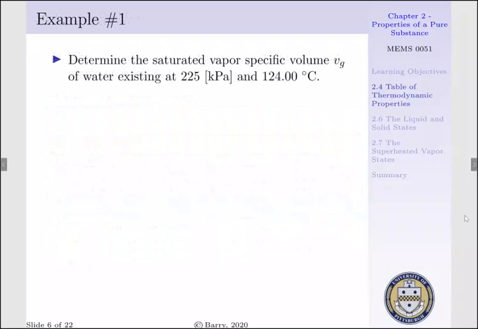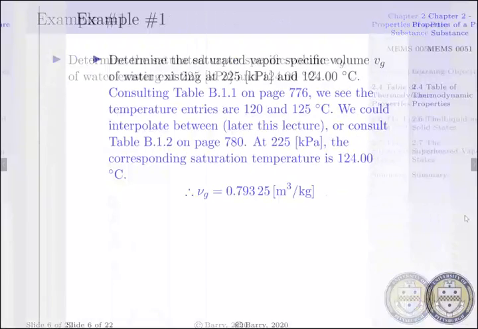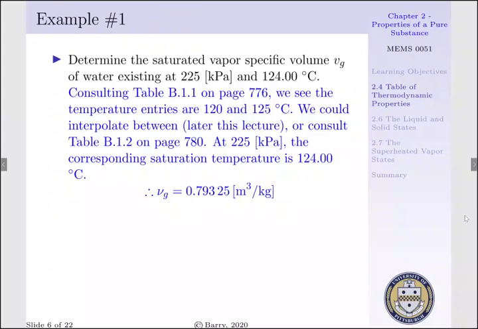Say we want to determine our saturated vapor specific volume, nu sub g, of water existing at 225 kPa and a temperature of 124.00 degrees centigrade. For us to begin, we could look at table B.1.1 on page 776, and we see we'd have two temperature entries, one of 120 degrees centigrade and one of 125 degrees centigrade. We know our given temperature is 124 degrees centigrade.